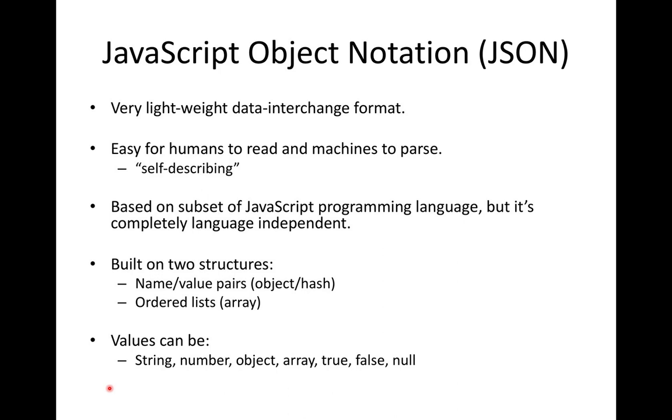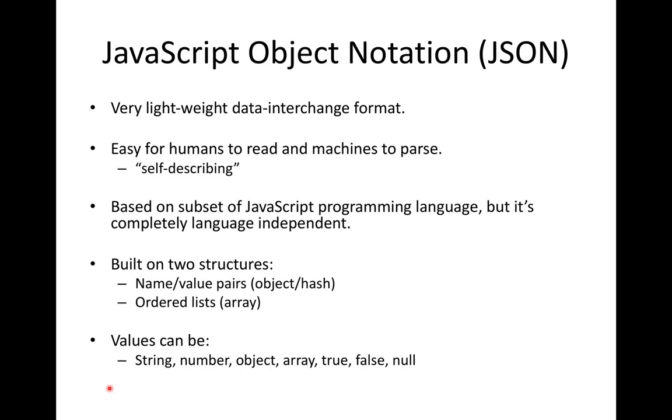So those of you who have done any sort of JavaScript development know that JSON plays a very strong role in JavaScript programming. But besides the fact it comes from JavaScript, it's really a language independent data format, and you see it widely used by everything from .NET to Java to Go applications.